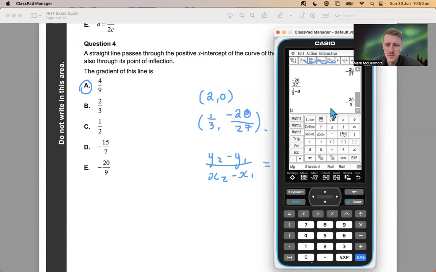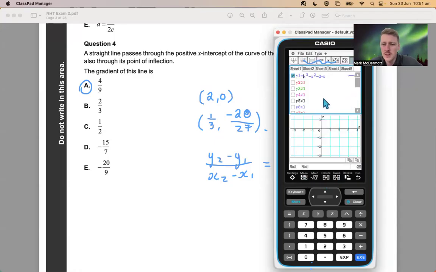So maybe the answer isn't 4/9. Let me think about that. I inputted it wrong, as you can see. That should have been negative 20 on 27 minus 0 over 1/3 minus 2, which is 4/9. And it should make sense. The answer should be positive if you think about connecting those points together. Let me show you what I mean. Connecting this point here, which is the point of inflection, to this point, you should get a positive answer. So you should have been able to knock out D and E straight away just by looking at the graph. Okay, onwards we go.